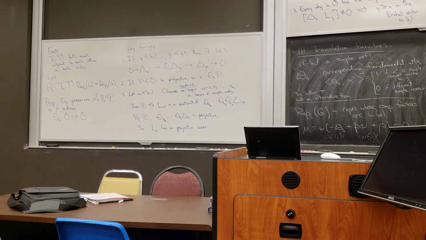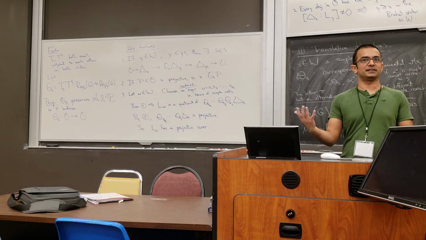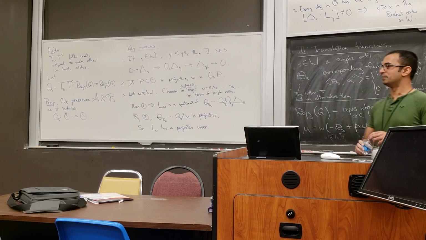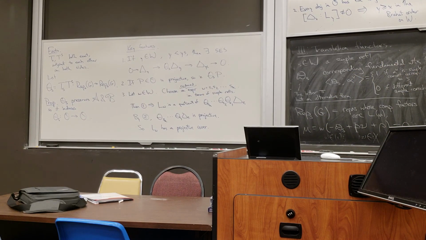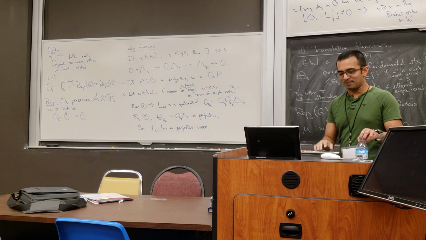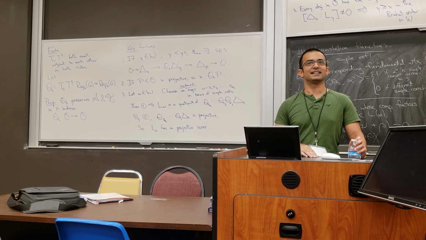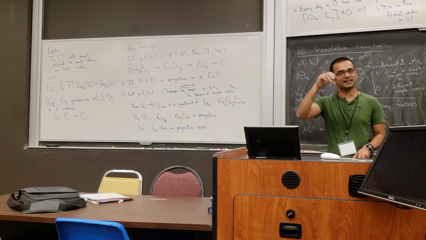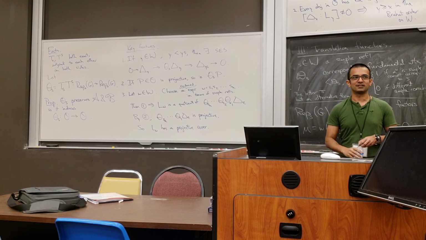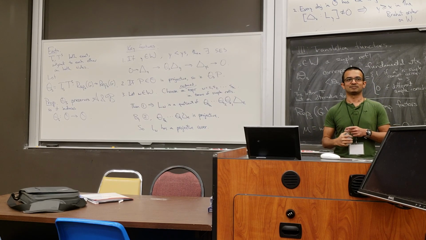And so you can do something similar with any regular block, and you'll get more or less the same thing. If you do it with a singular block like rep S, you get something a little bit different. And maybe I'll discuss that more in the third lecture.